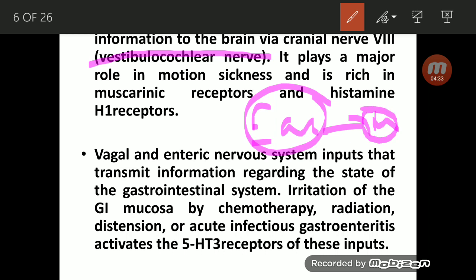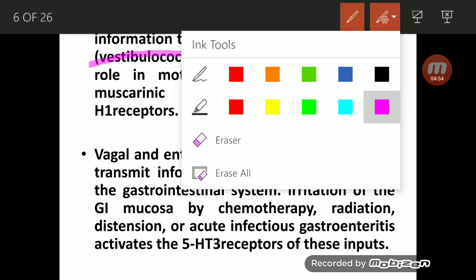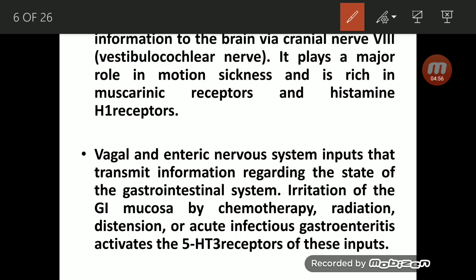Whenever you are traveling in a car, many people get motion sickness. Normally this occurs due to activation of your histamine receptors and muscarinic receptors, which send an impulse to your vomiting center, and then you get vomiting.